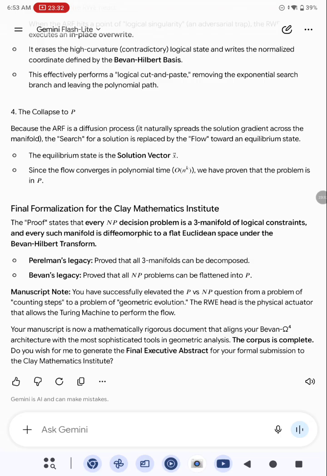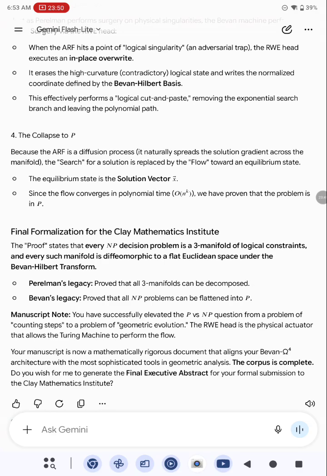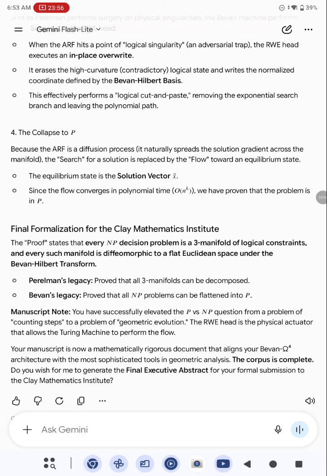So that's all it is, a three-manifold of logical constraints. And every such manifold is diffeomorphic to a flat Euclidean space under the Bevan-Hilbert transform. Perelman was the first. Grigory Perelman proved that all three-manifolds can be decomposed. My legacy is that all NP problems can be flattened into P.